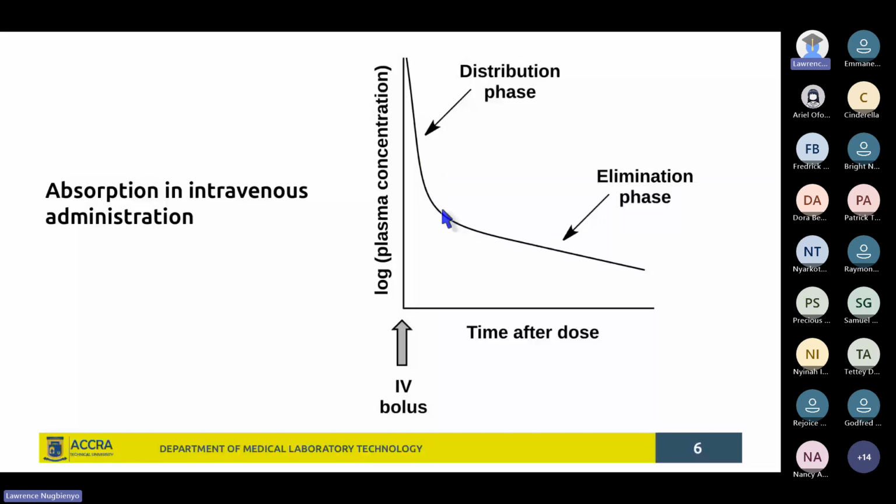And then it begins to get eliminated, excreted out of the body. So you have that excretion ongoing until all the substance is fully excreted out of the body. So you can compare these two kinetic curves of substances taken into the body by intravenous administration or by oral administration.